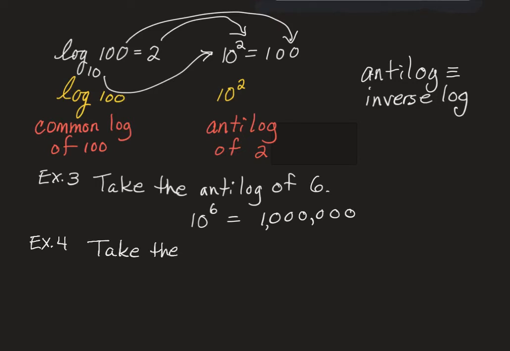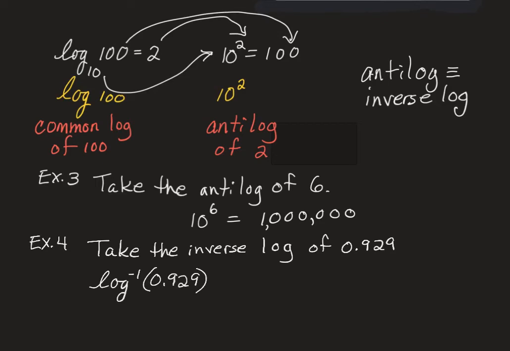Take the inverse log. Remember, inverse log and antilog are the same thing, of 0.929. Now, you may also see the inverse log or the antilog written this way, with a -1 seemingly as an exponent of the log, but it actually means the antilog or the inverse log of 0.929, which is our example.